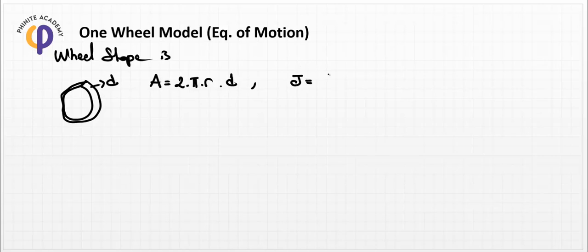Is equal to 1 divided by 2 times M times R square, because we have the radius factor like this one.